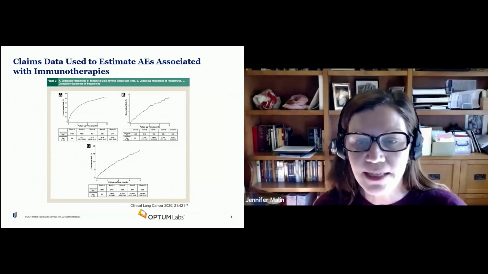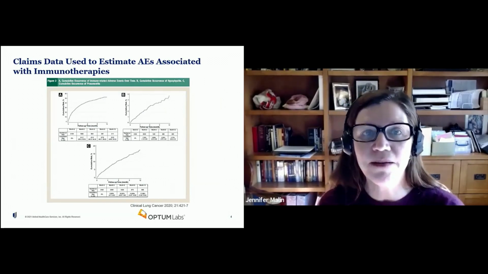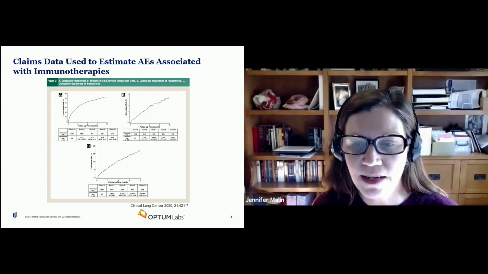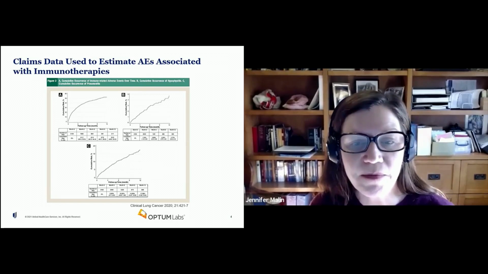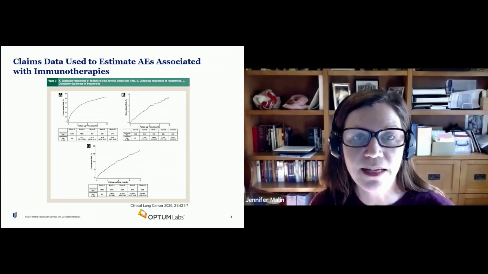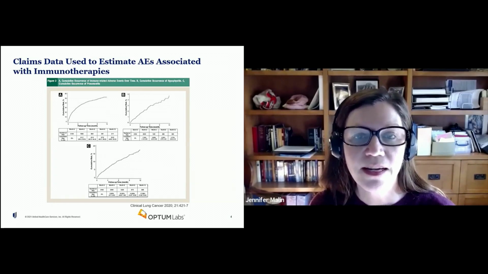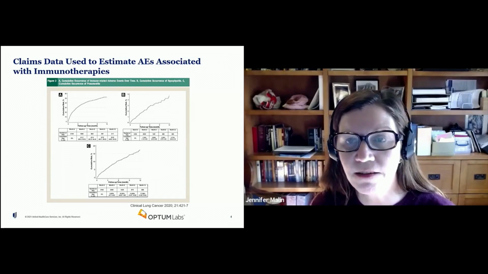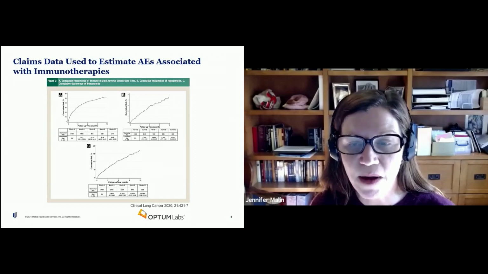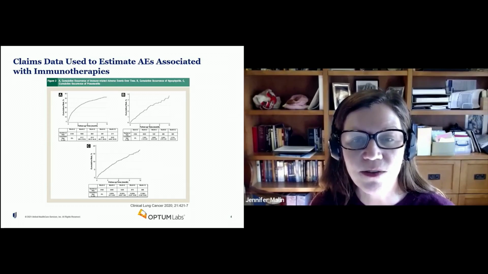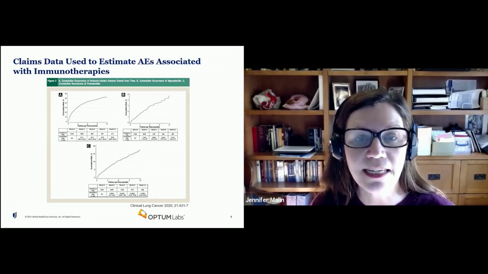I want to give a recent example, though, that they can be very useful. This was a study that was done by Optum Labs looking at new immunotherapies, new checkpoint inhibitors, looking at the cumulative occurrence of immune-related adverse events. This was published this year, but the data is from 2018 and 19.